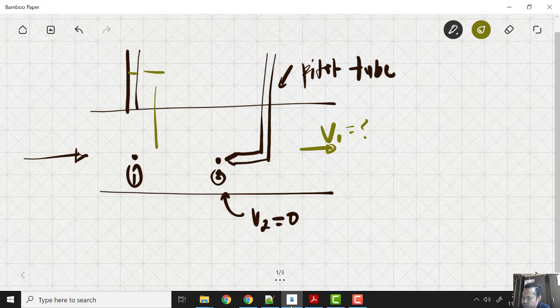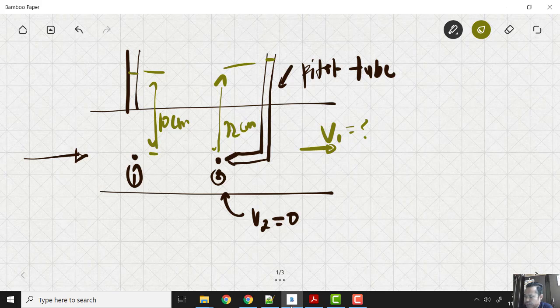So the column height from here to here is 10 centimeter, and from here to here is 22 centimeter. Since the problem involves the Pitot tube, which is a part of Bernoulli application, we are using the Bernoulli equation to solve this problem.